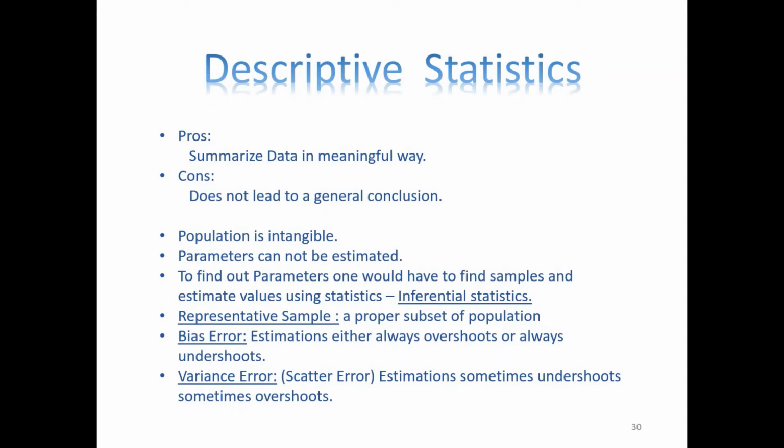How you find out about your population parameters using your samples, or derive conclusions about your population using samples, is called inferential statistics. You can remember it by the word inference. You're trying to infer something about your population out of your samples.